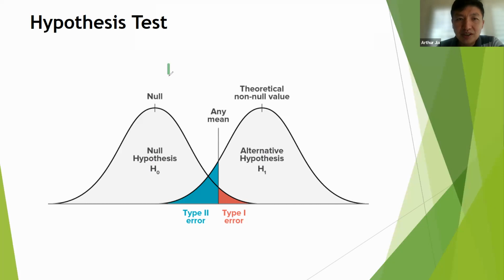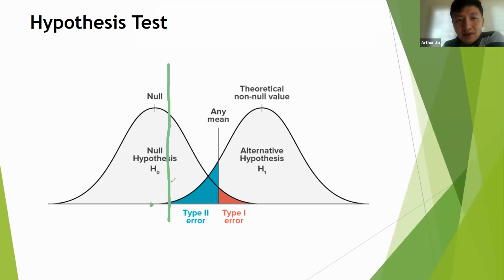If your sample mean is somewhere here, which is close to the mu zero, then you have a good reason to believe your null hypothesis is true, right? So you're going to accept your null hypothesis, and that's it.